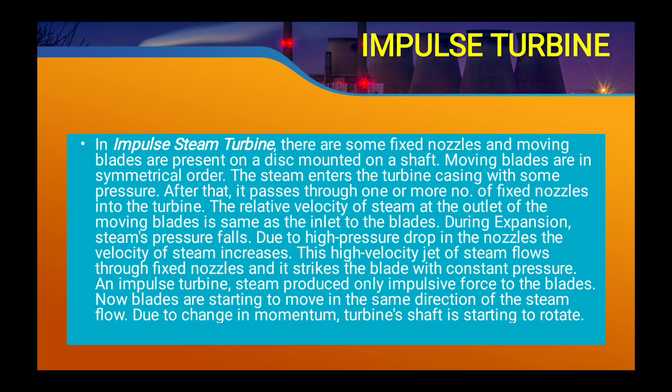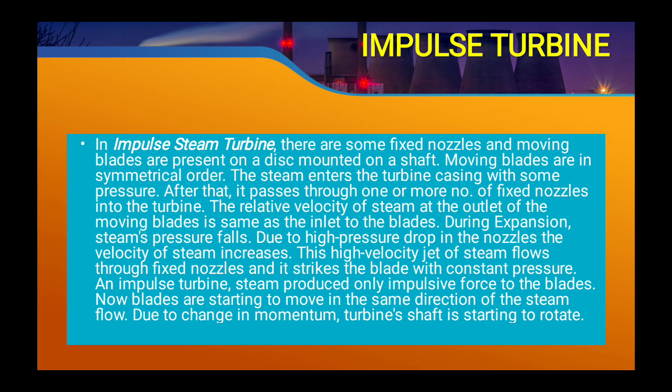Due to the high pressure drop in the nozzle, the velocity of steam increases. So according to the construction of the nozzle, the nozzle drops the pressure of the steam and increases the velocity. The high velocity jet of steam flows through the fixed nozzle and strikes the blades with constant pressure.